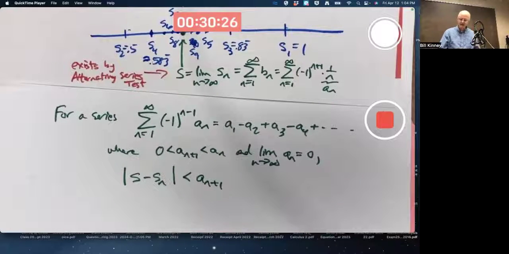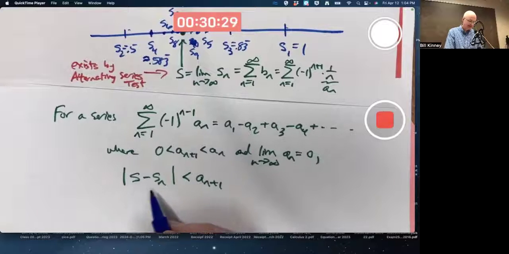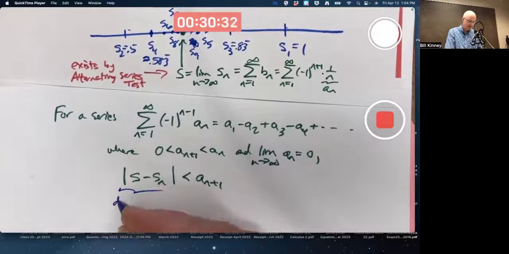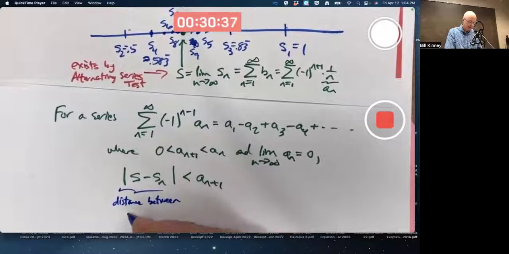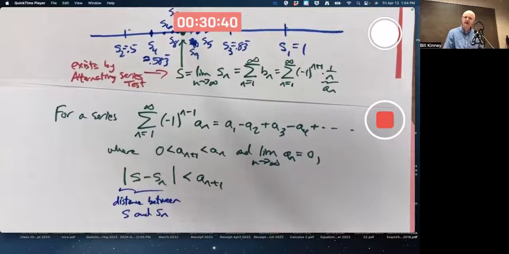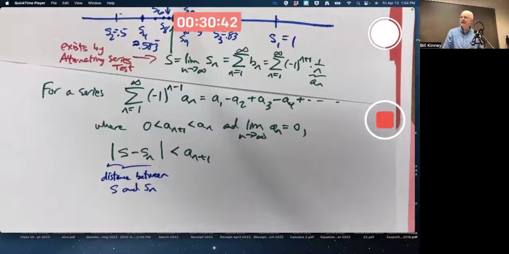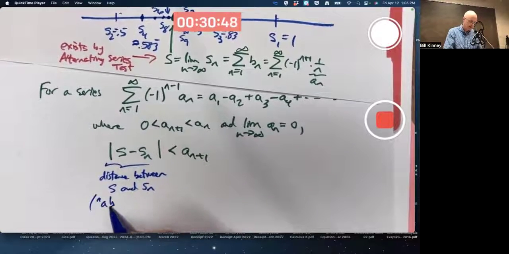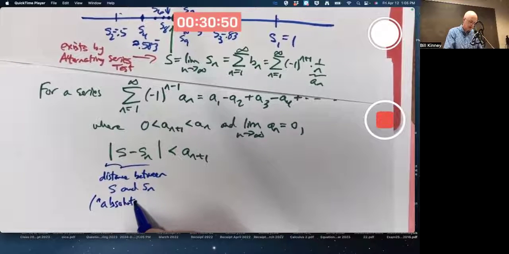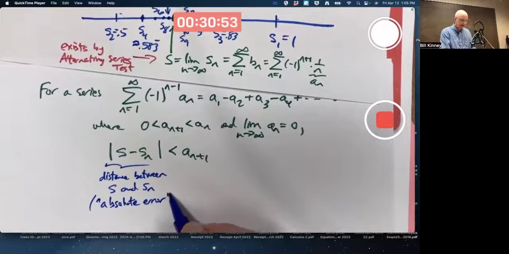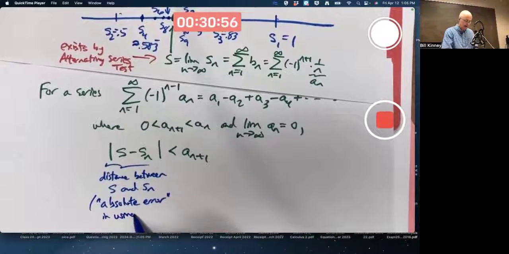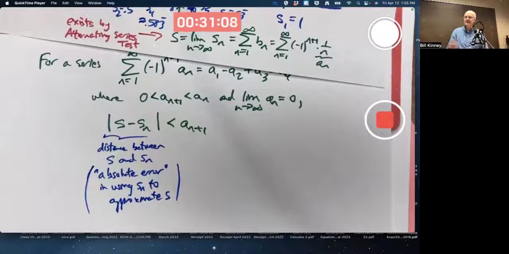And this absolute value of S minus S_n represents the distance between S and S_n on a number line. And you could say it's the error, the absolute error in using S_n to approximate S. This theorem says that's got to be less than A_(n+1), for sure, guaranteed.